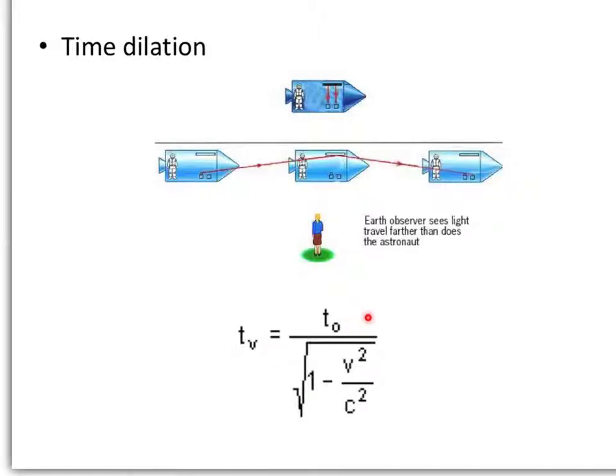Now, this is not all theoretical. There is experimental evidence to back this up. One example, they mention it in the textbook, but I'll mention it again, has to do with the half-lives of particles. Particles have a half-life, and all that means is that that's the time it takes the particle to decay on average.